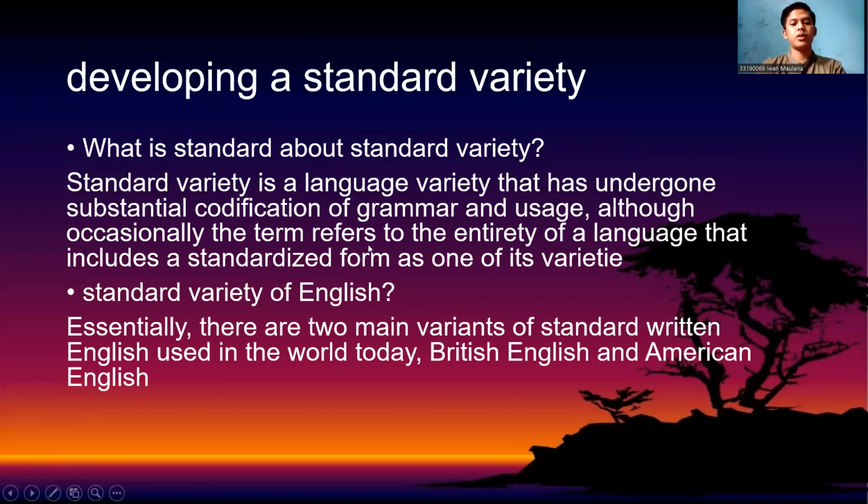The term refers to a variety of a language that includes standardization. Standard variety of English: essentially, there are two main variants of standard written English in the world today, British English and American English.